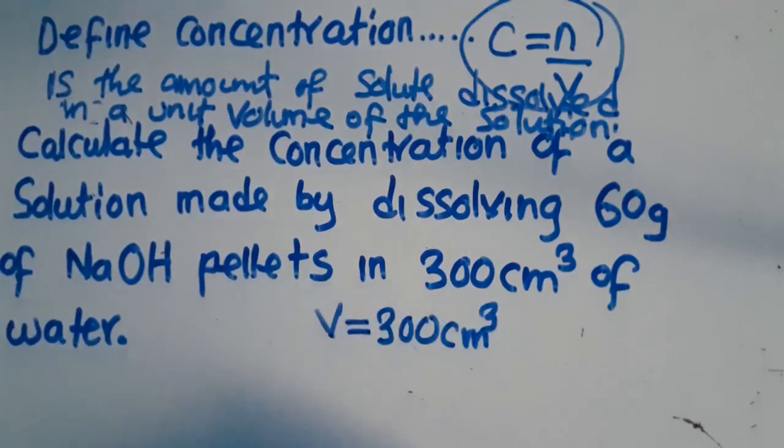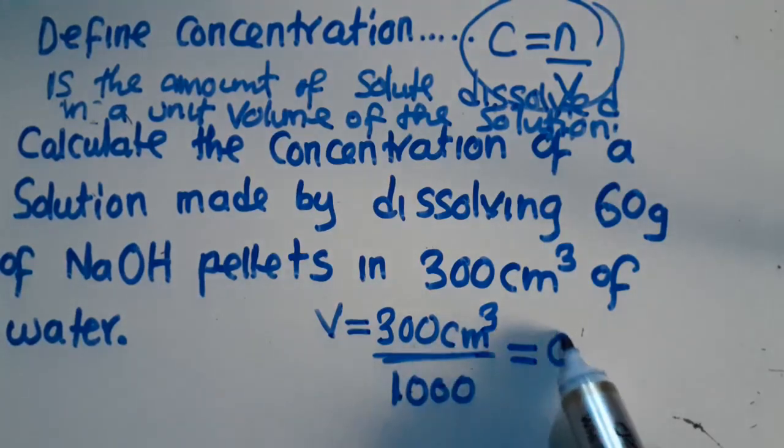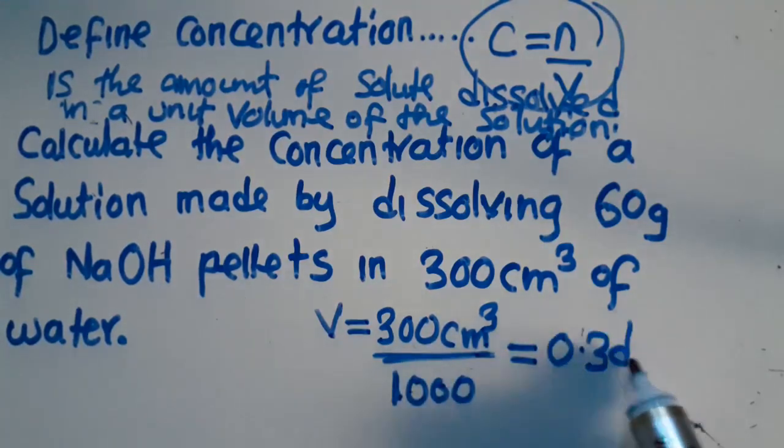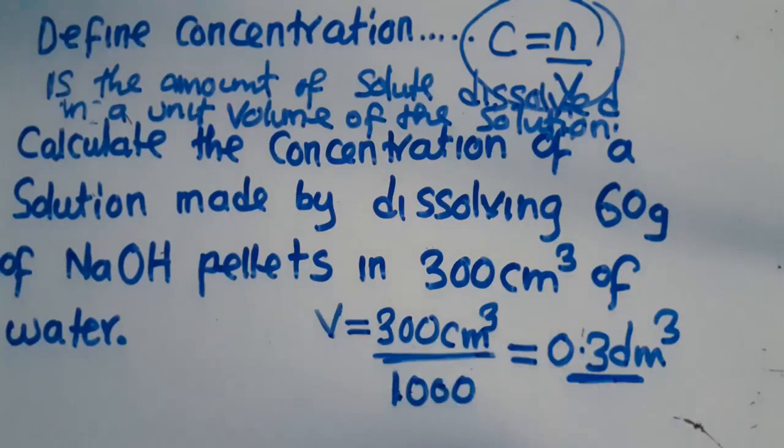Are we going to use this volume? No. We need to change to decimeters cubed. So you divide by 1,000, and you get 0.3 decimeters cubed. So the volume should be converted to decimeters cubed.